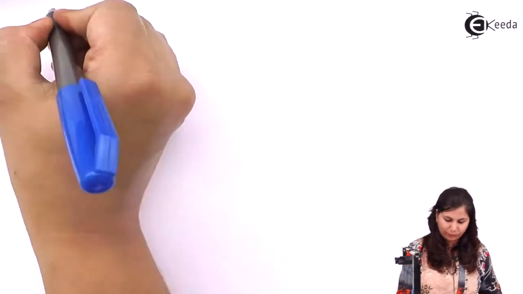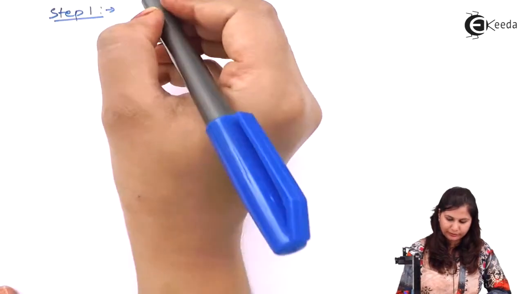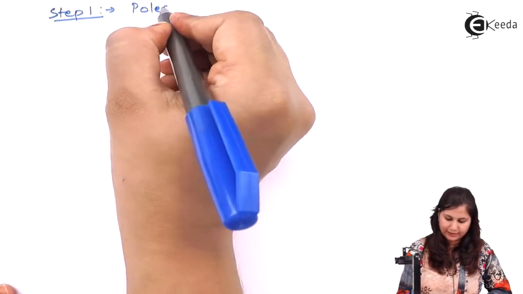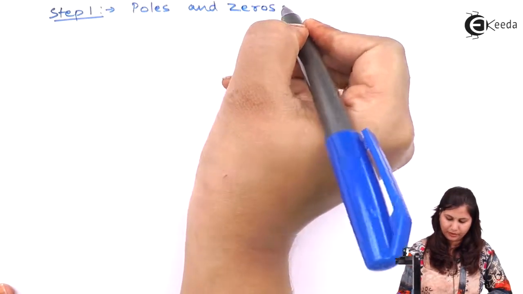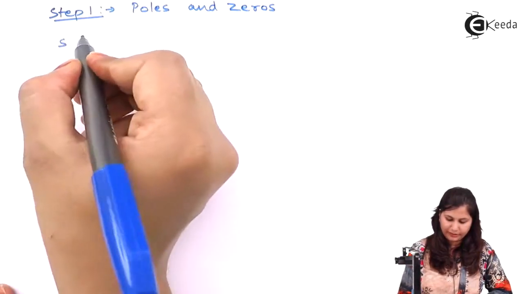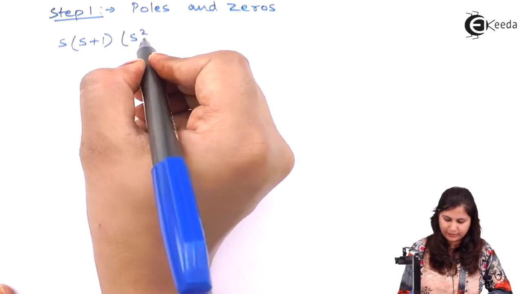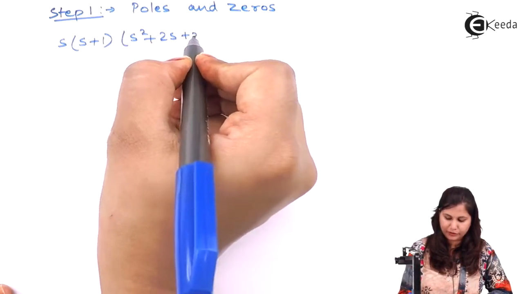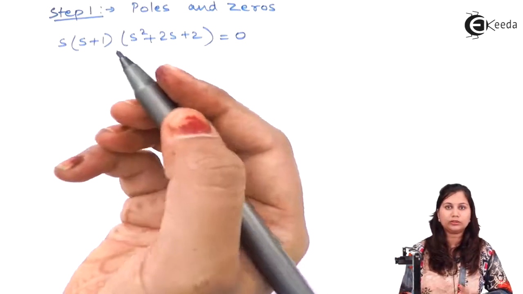So our step 1 will be to determine the poles and zeros. For poles, our denominator polynomial is s(s+1)(s^2 + 2s + 2). So equate it to 0 and find out the poles.